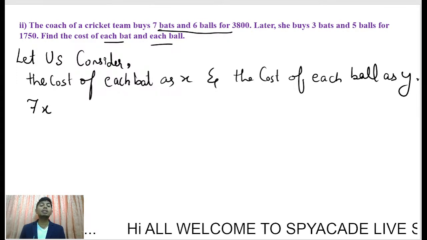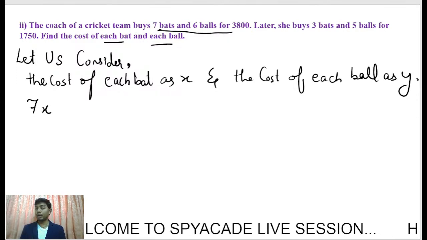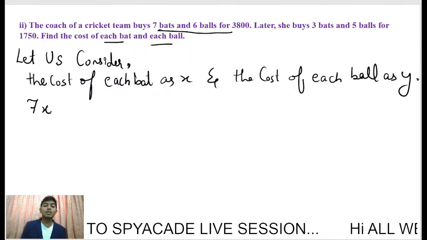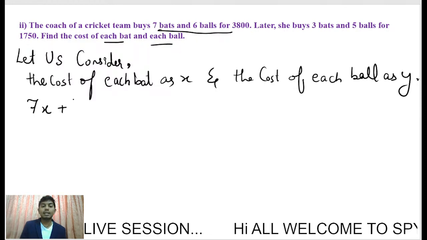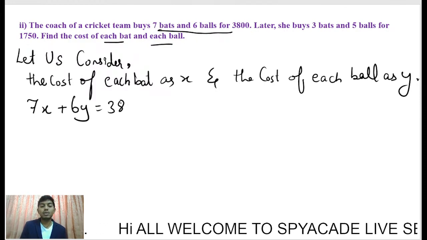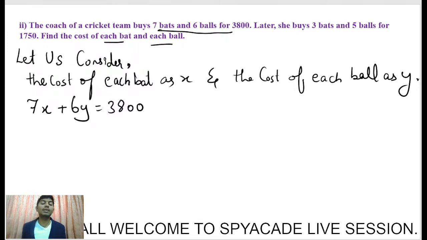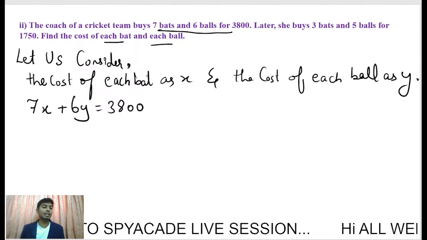So the cost of each product is x and y, and the numbers are 7 and 6. So 7x plus 6y is equal to 3800.